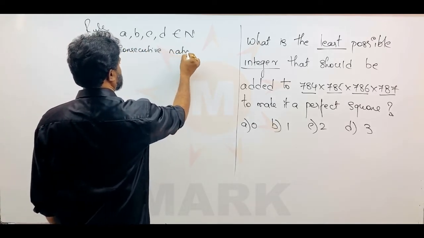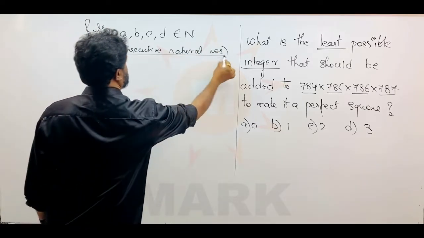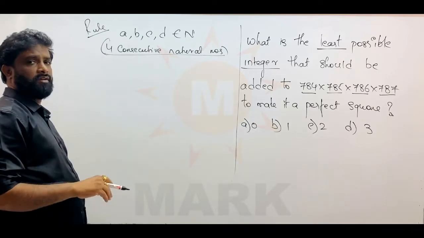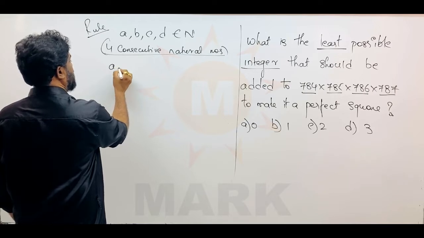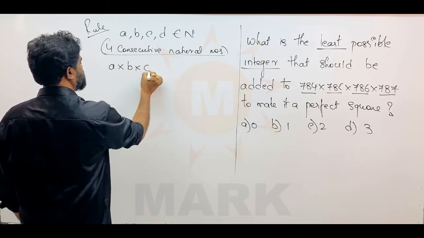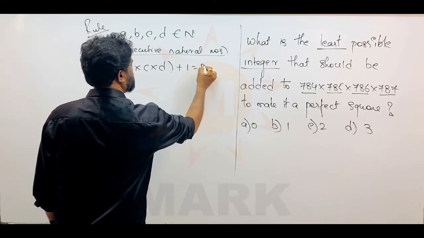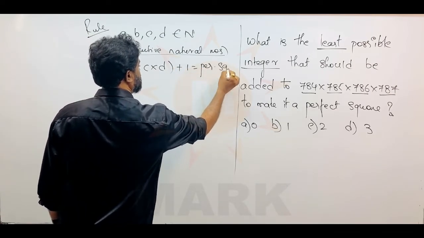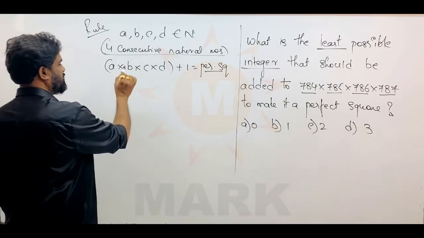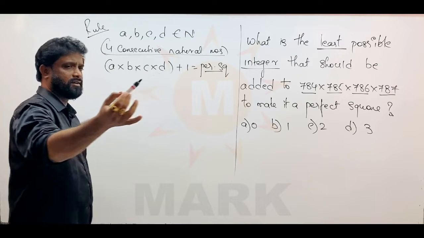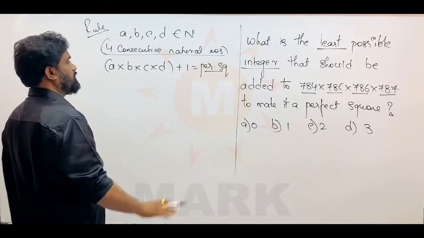If A, B, C, D are 4 consecutive natural numbers, then A into B into C into D plus 1 is always a perfect square. Okay, so this is how it goes.